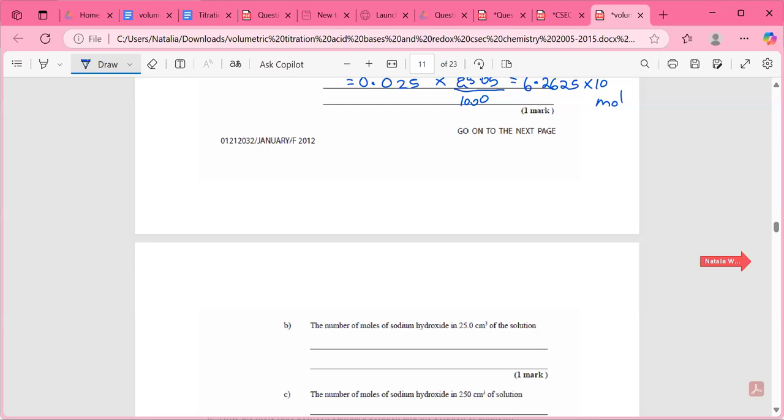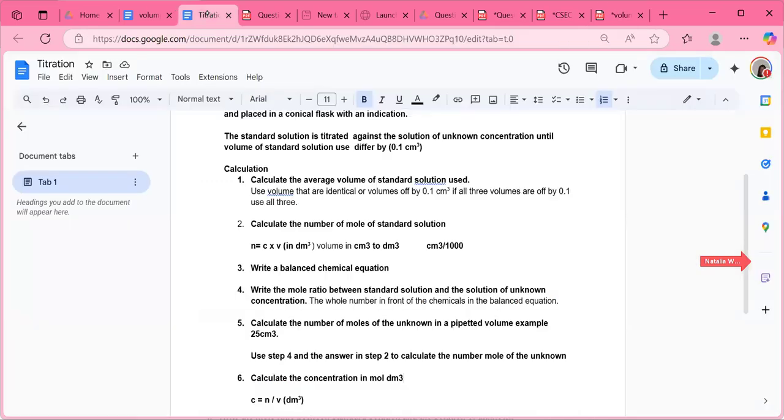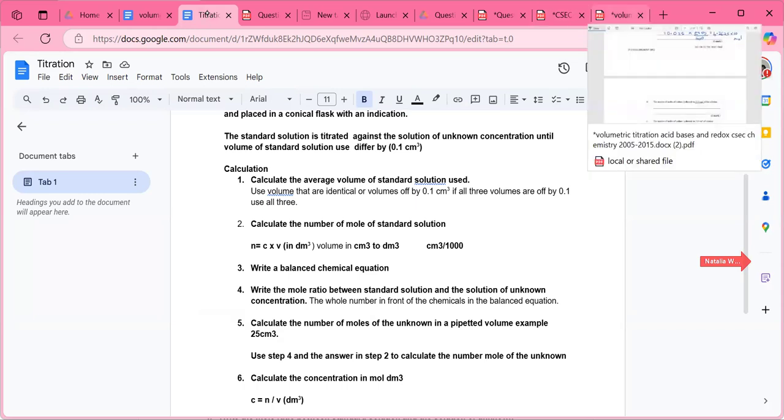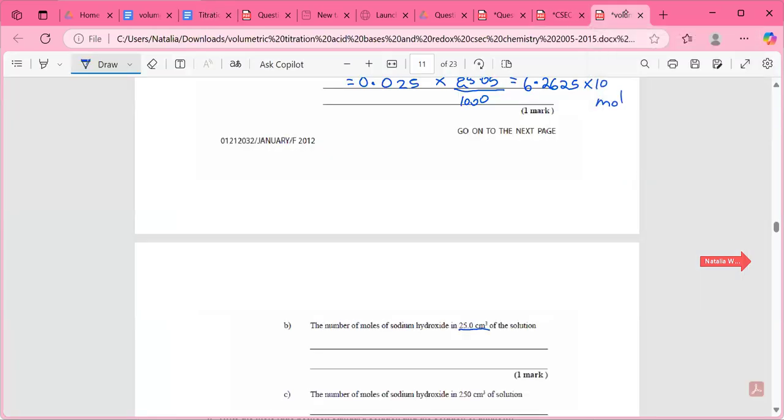Calculate the number of moles of sodium hydroxide in 25 centimeters cube. Now the question says I must calculate the number of moles of the unknown in the pipetted volume. So I'm going to use the mole ratio between the standard solution and the unknown and the number of moles calculated earlier.